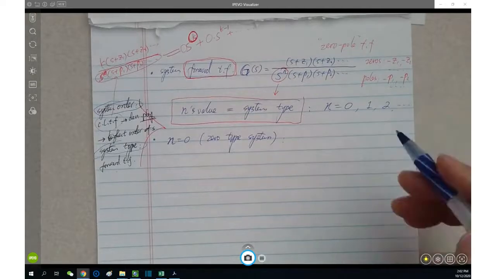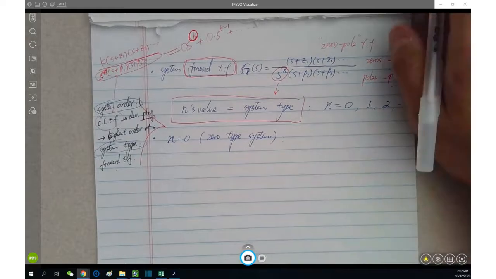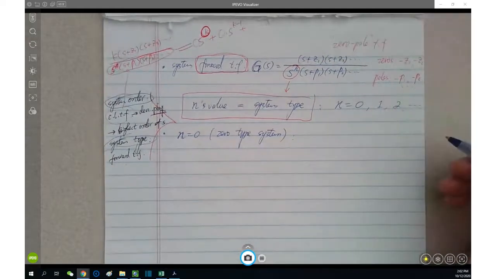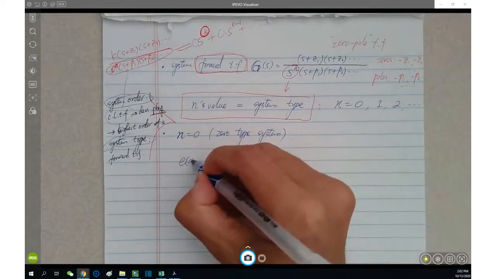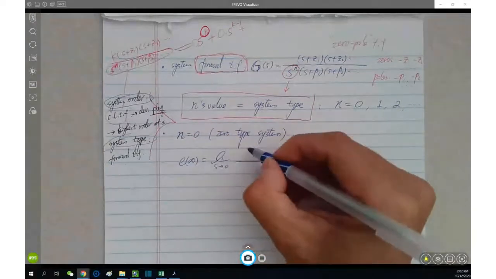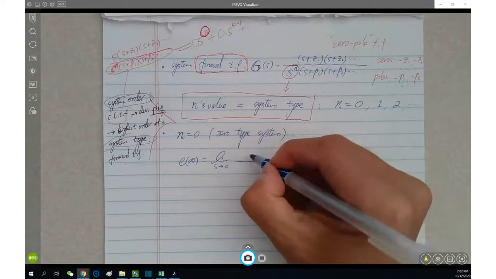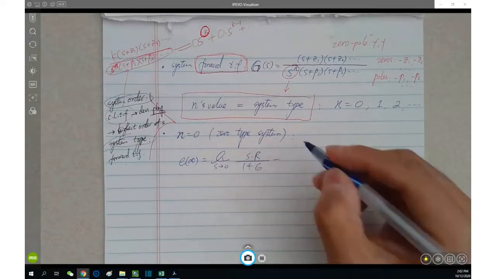Anyways, now let's go ahead and take a look at the zero type system and the steady state error. According to the steady state error equation we derived previously, S times R over 1 plus G, right?